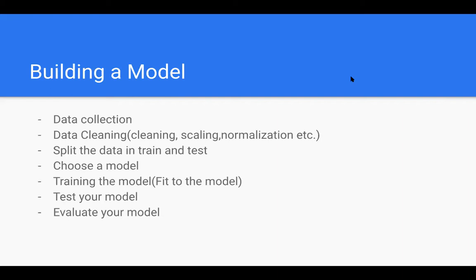Because we don't know the efficiency of the model, as we do not have future data. To understand the evaluation and efficiency of the model, we break the data into two parts: training data and test data. Any questions here?